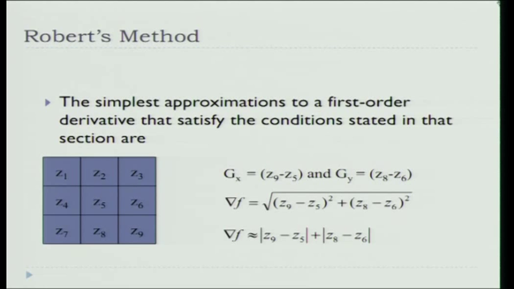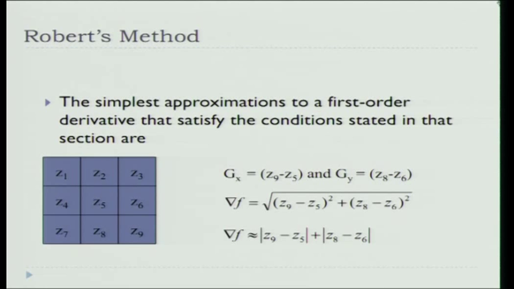Using this bidirectional approximation, you have obtained several edge detection algorithms. The first one is the Roberts method. Suppose you have a 3 cross 3 image; it is estimating this area, considering Z5, Z6, Z8 and Z9. With respect to x, the gradient is this minus this, and with respect to y it is Z8 minus Z6.